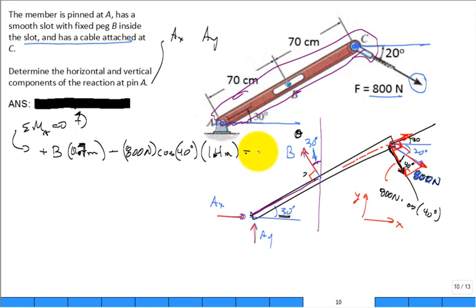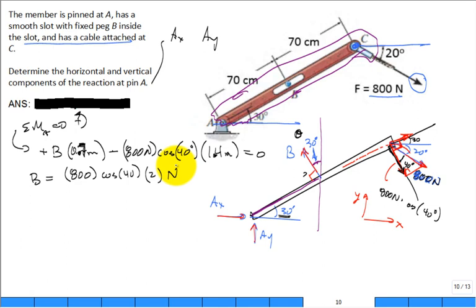And they have to sum to 0. So I could rewrite, I say B is equal to 800 Newton times the cosine of 40 times 1.4 divided by 0.7, I'll just say 2, in units of Newton. I could run that on the calculator, I could just use that equation later in the calculations. All right. Thumbs up if you followed that.